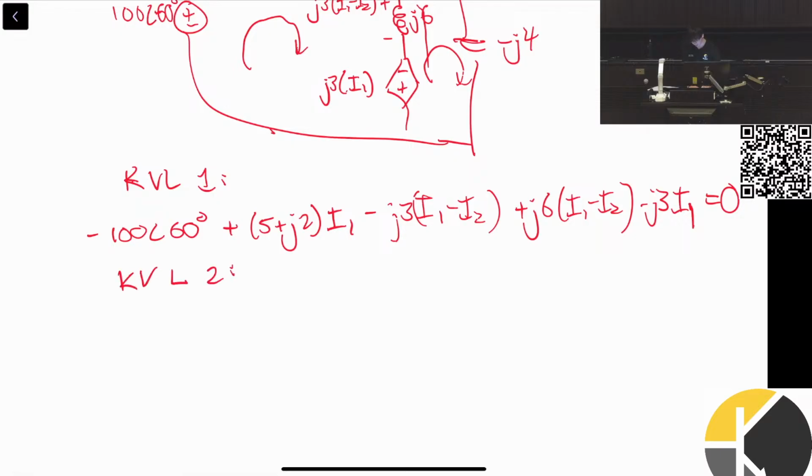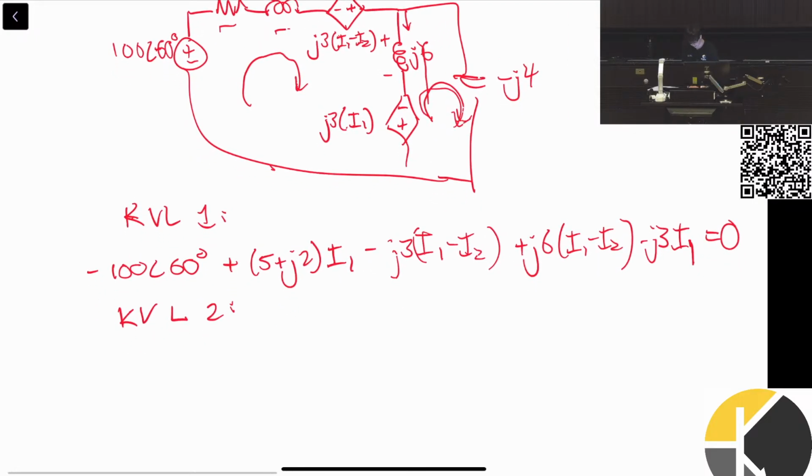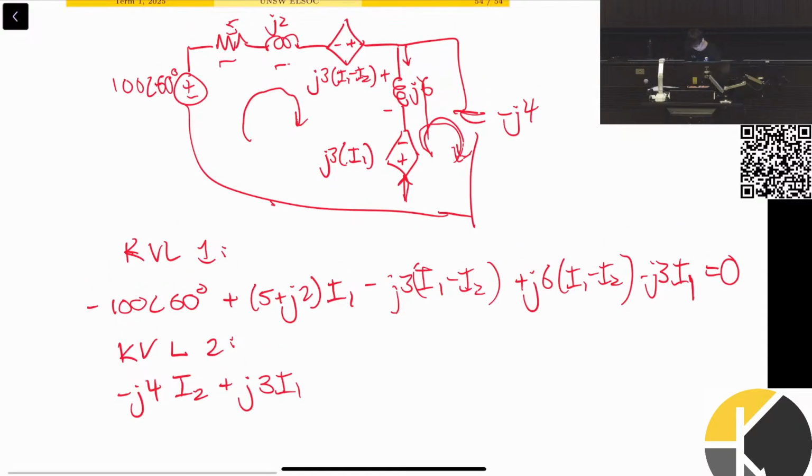My second equation, fortunately, is going to be a bit simpler. I'm just looking at this second mesh here. So I can see that j4 is only impacted by I2. I have this voltage source, j3 I1, and I have the current now flowing into this negative terminal.